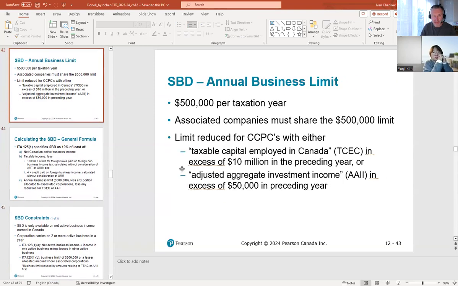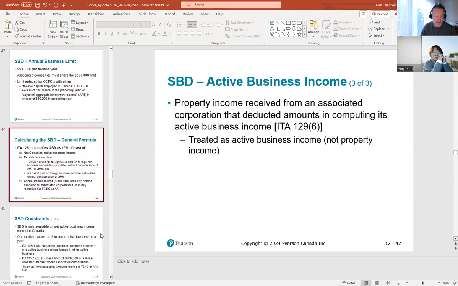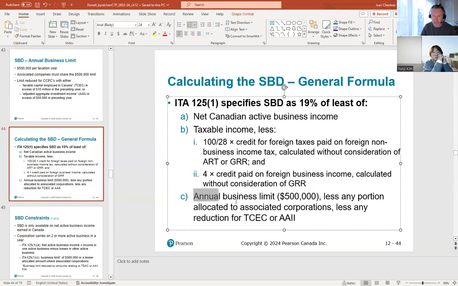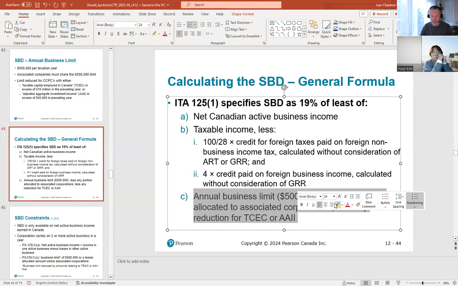Or C, the annual business limit of 500,000, less any portion allocated to associated corporations. So this one is a tricky one as well.